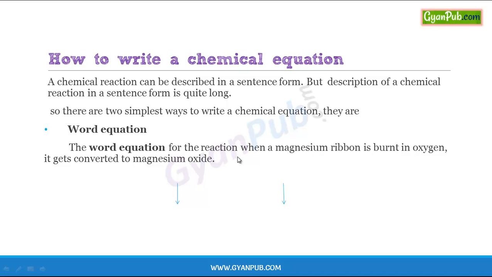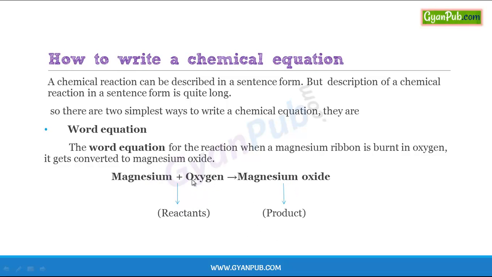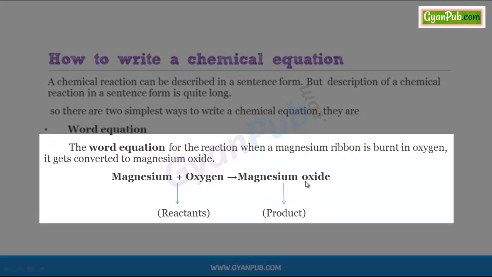The word equation for the reaction when a magnesium ribbon is burnt in oxygen and gets converted to magnesium oxide is: magnesium plus oxygen gives rise to magnesium oxide.